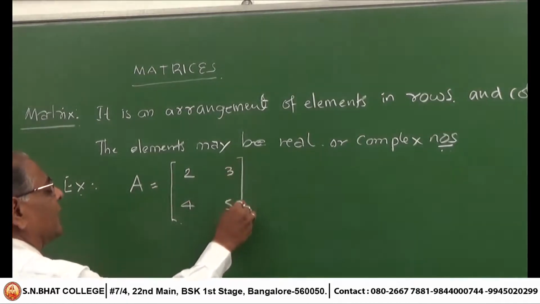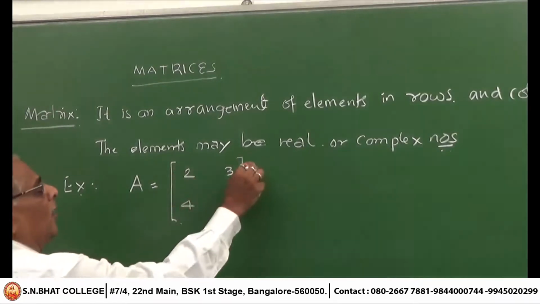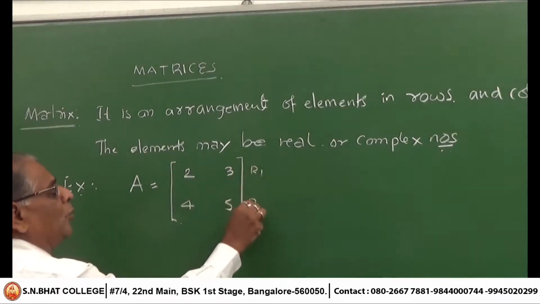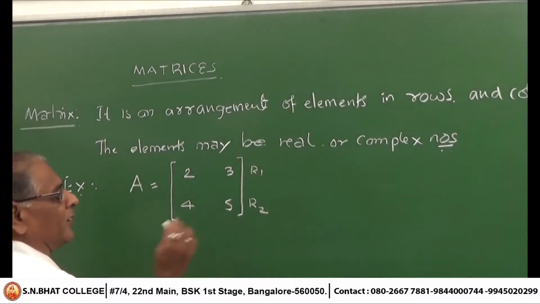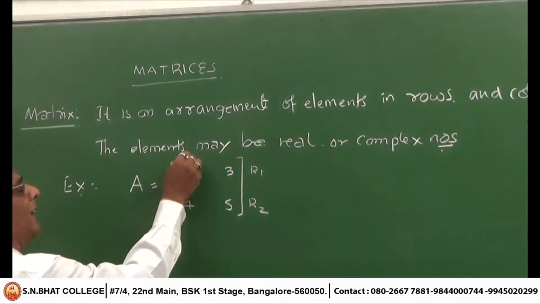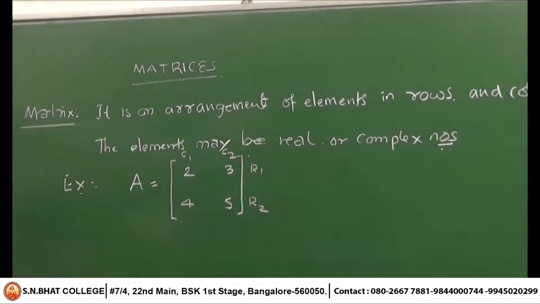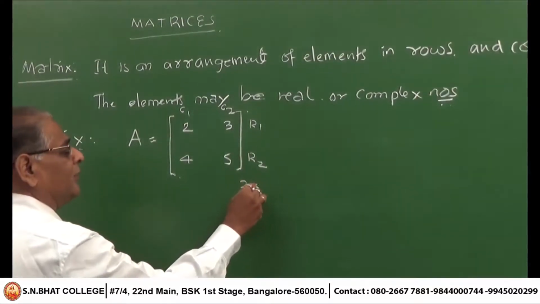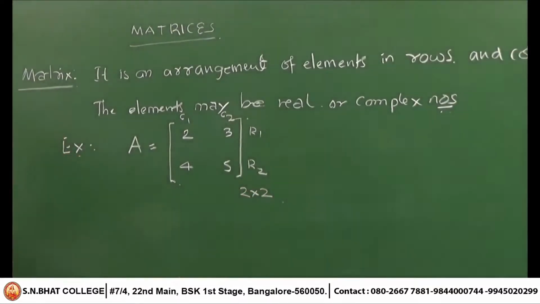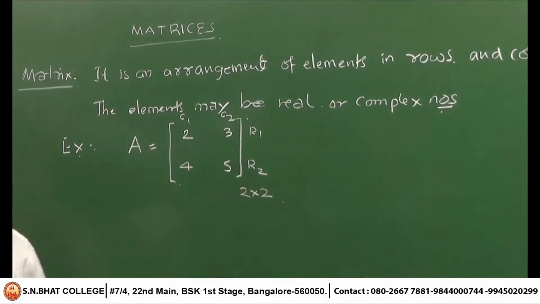This matrix has 2 rows, the first called R1 and the second called R2, and it has 2 columns, C1 and C2. Therefore, the order of the matrix is 2 cross 2. It has 2 rows and 2 columns. You write it as A is equal to a 2 cross 2 matrix.